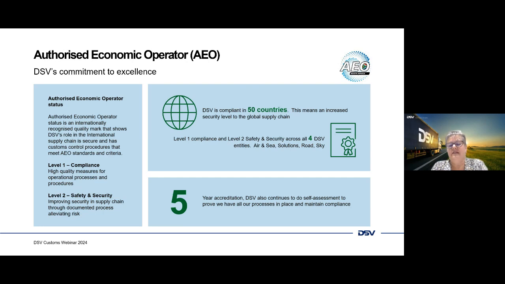The AEO accreditation, as you notice, is for 5 years. However, it is very important that you do self-assessment to prove you have all your processes in place and are maintaining compliance at all times.